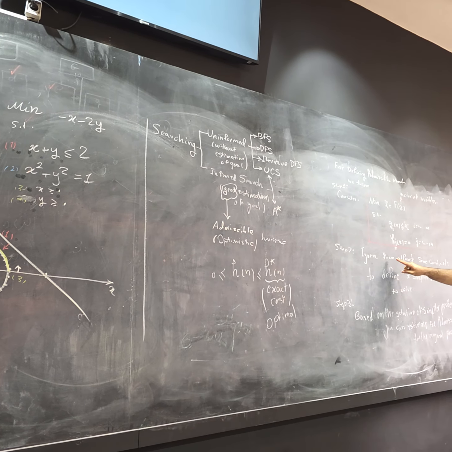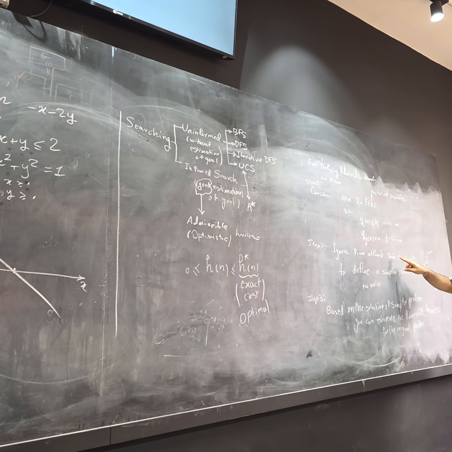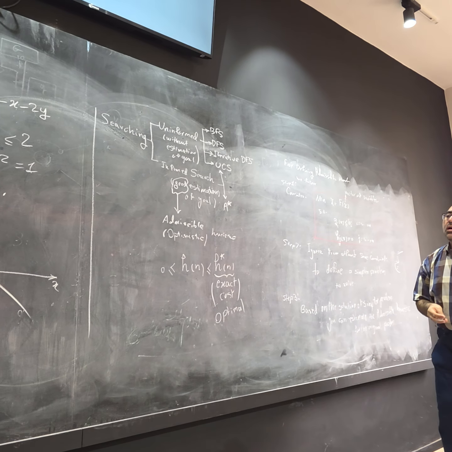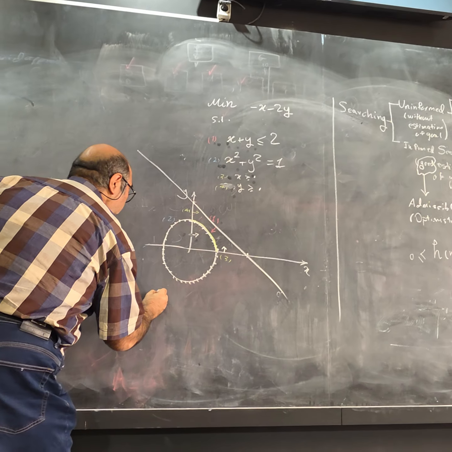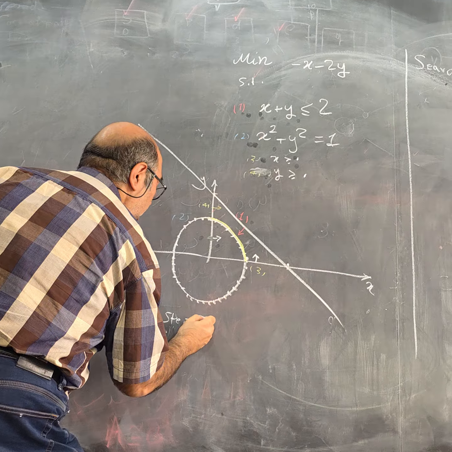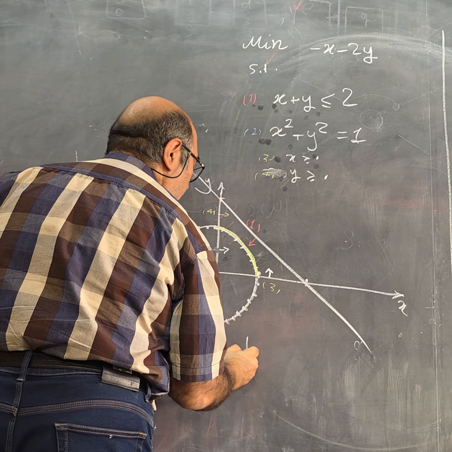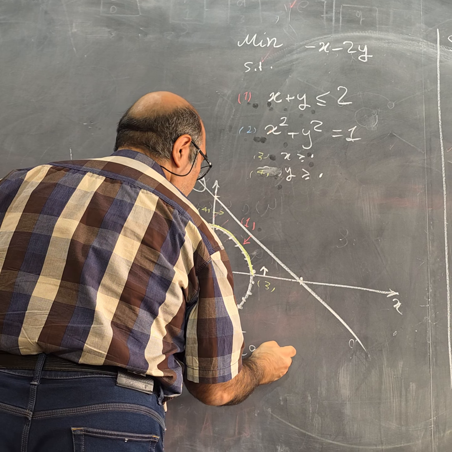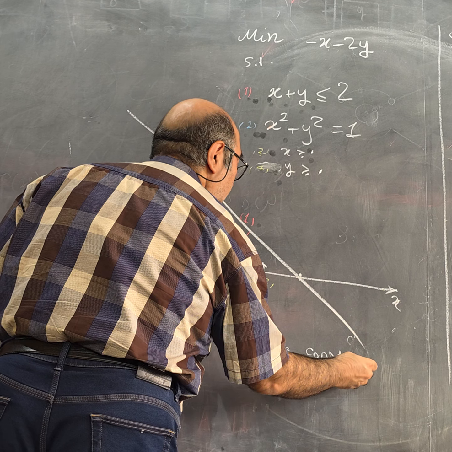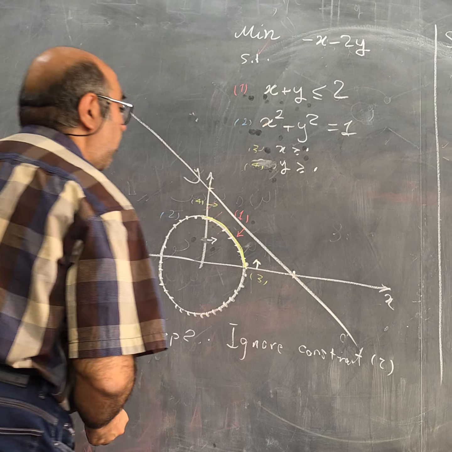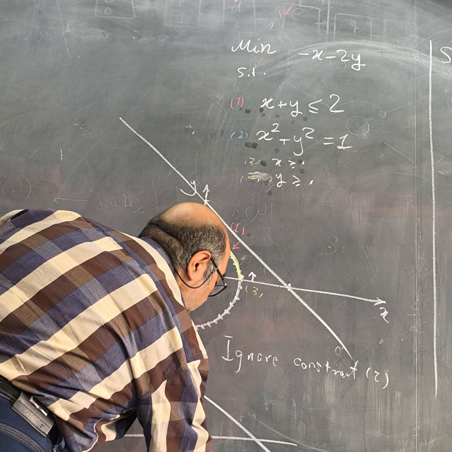In step 2, ignore at least some constraint. For step 2, I ignore constraint 2. The problem is simple.